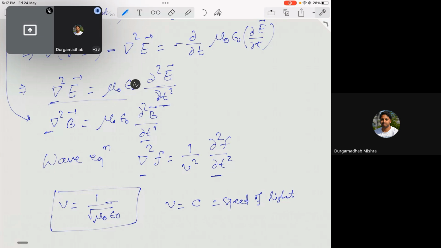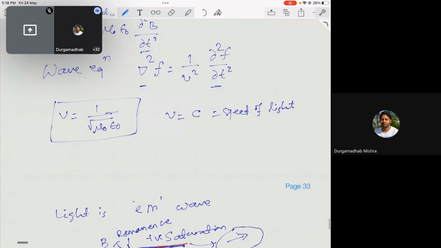But all solutions do not represent an electric or a magnetic field. This is very important. Which solutions will correspond to your electric and magnetic field? Those solutions which satisfy Maxwell's equation will only represent the electric and magnetic field.